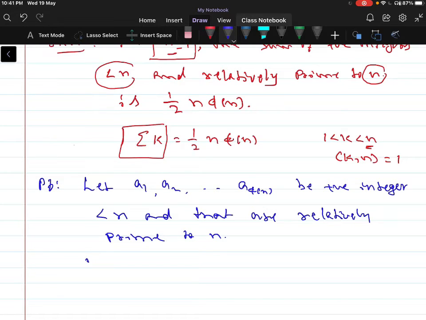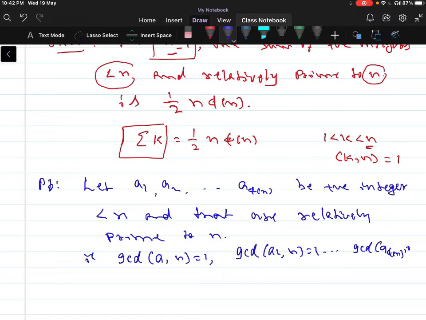That is, GCD of a1 comma n is equal to 1, GCD of a2 comma n is equal to 1, and so on, GCD of a pi of n comma n is equal to 1. So these integers are relatively prime to n, and these integers must be less than n.